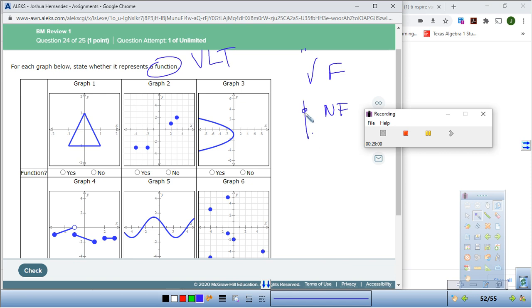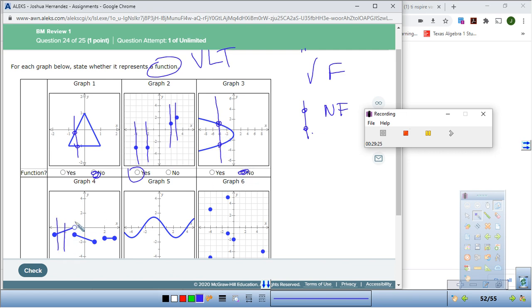If the vertical line crosses it twice, it's not a function. The functions, guys, are the blue graphs. Each time I draw one line, it only crosses it once. When I draw this one line, it crosses it twice, not a function.